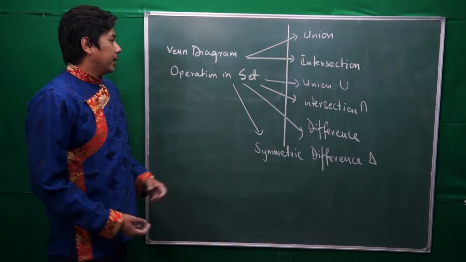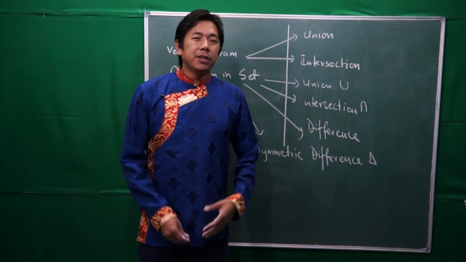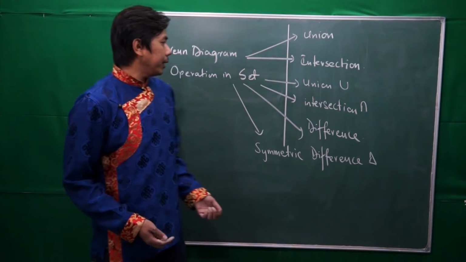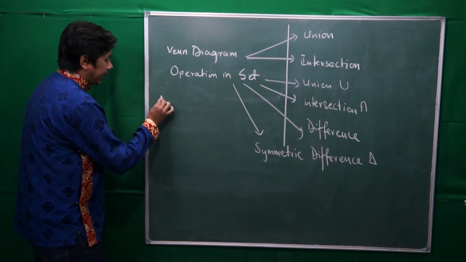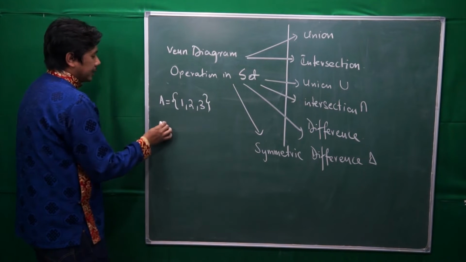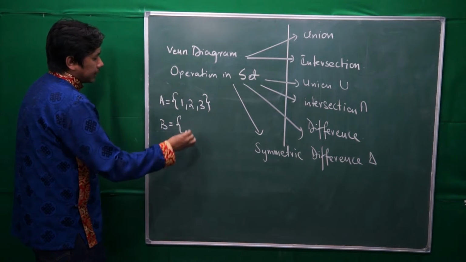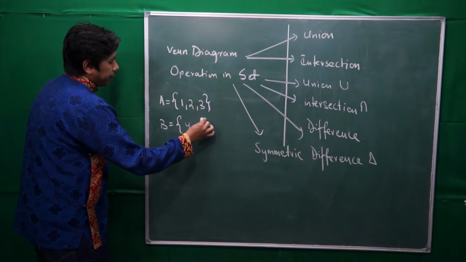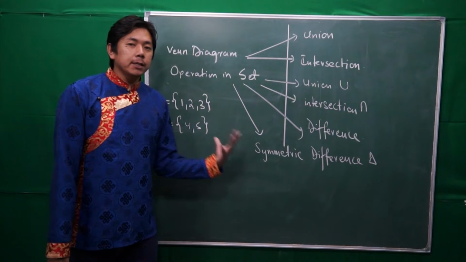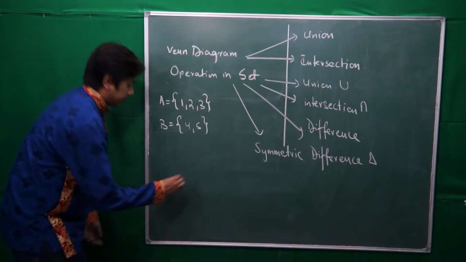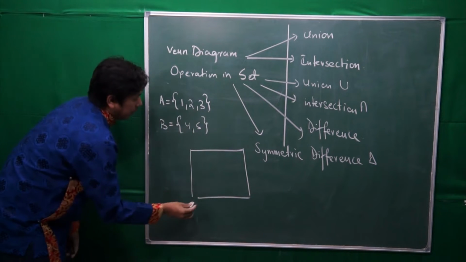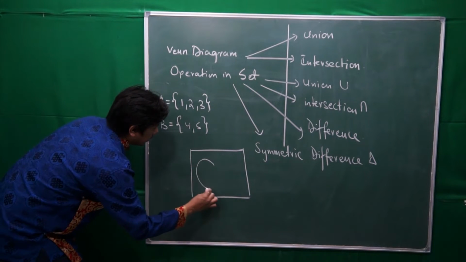That being said, in case of intersection, not every set would overlap. By that I mean, for example, I have a set A that has elements 1, 2, 3, and then set B that has elements, say, 4, 5. Clear? Now, if I draw a Venn diagram of intersection in this case, the diagram would be something like this.